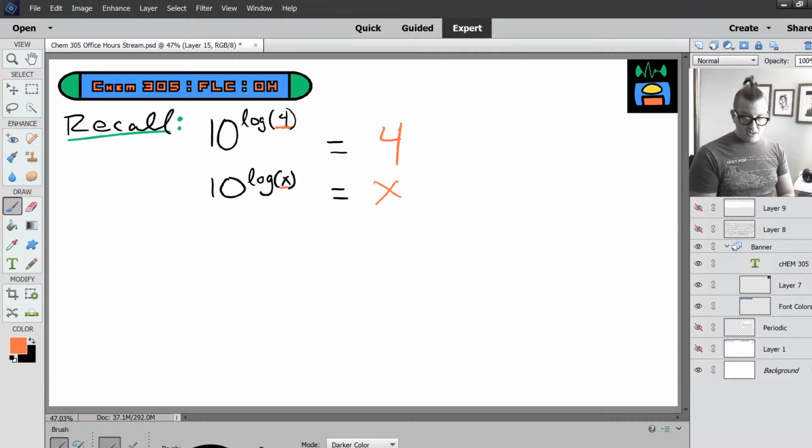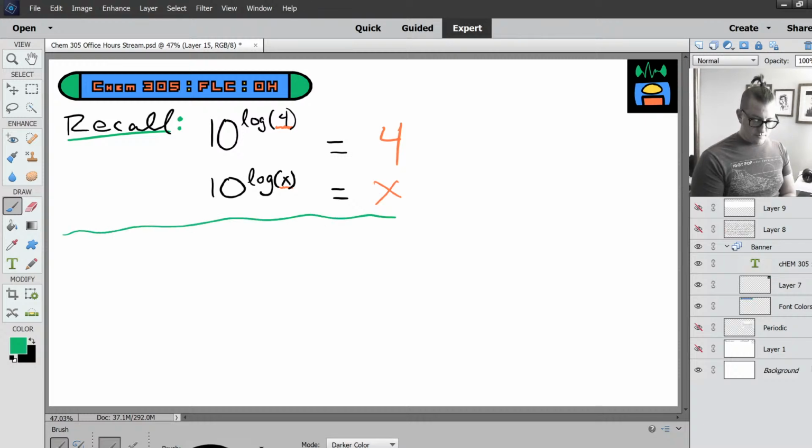The second thing you need to remember is if you have an equation. Let's say we have an equation 4 is equal to 2 plus 2. We all agree that this is true, right? You can take both sides of this equation and make them exponents of 10.